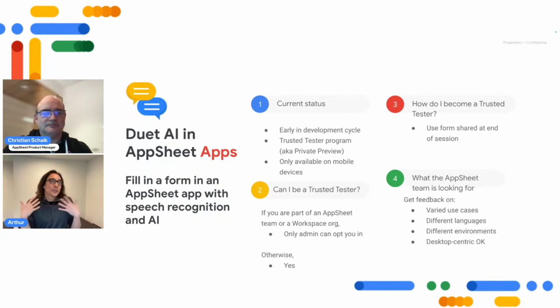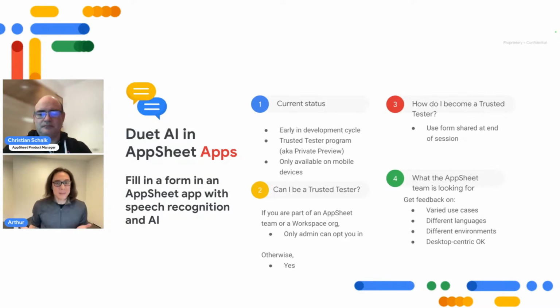So if you want to be a trusted tester, who can participate and how to go about it? At this point, if you're part of an AppSheet team or workspace organization, only the admin of that team or of that organization can opt people in. So if you're in that situation and you're interested, you're going to have to talk to the right admin.